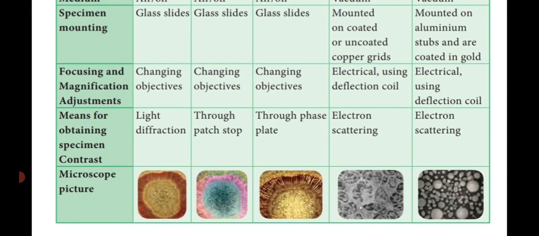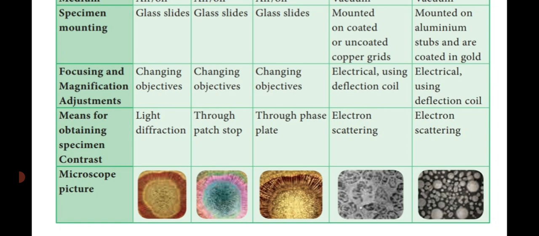The means for obtaining specimen contrast. First one, light diffraction. The last two are electron scattering. Microscope picture: see the first one and the last two. They are showing the variation. The first one looks like dotted lines under the light microscope. In the transmission electron microscope, there is magnification of 1 to 3 lakhs, larger in size.